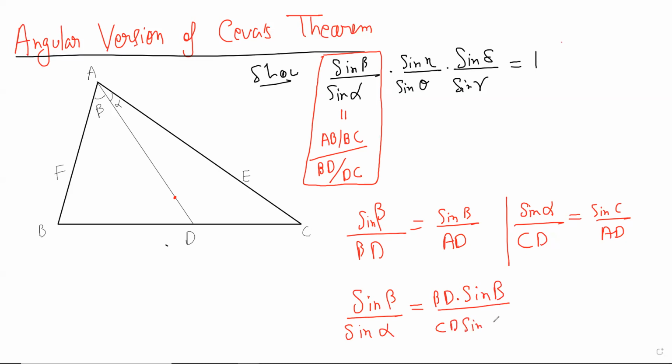Other things are getting cancelled. This is what you get, right? Hold on, I wrote something wrong here. So first thing is that this is wrong. This is CD by BD, right?